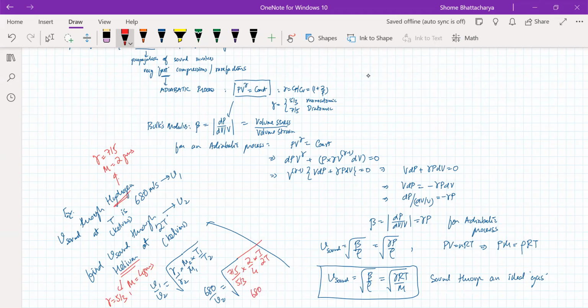So 680 by V2 is coming out to be square root of 21 by 100. This is what I'm getting. So from this you can find out whatever V2 is.